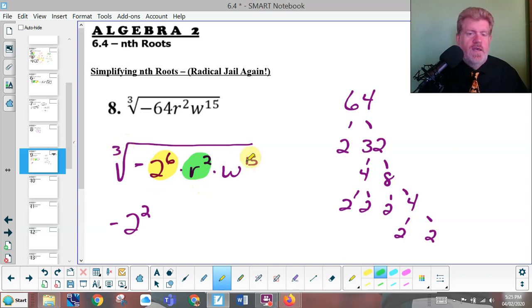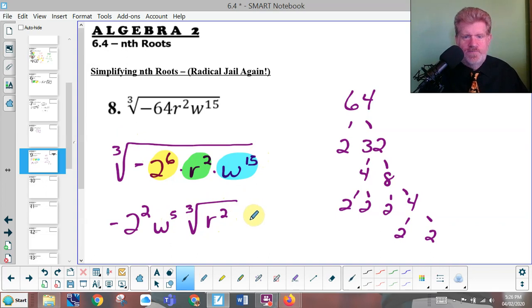Okay. Let's jump to our w. We've got 15 of them, which means how many sets of 3 do we have? Well, remember, sets means dividing. 15 divided by 3, there's 5. Now we have to leave something behind, and that's poor old r squared.